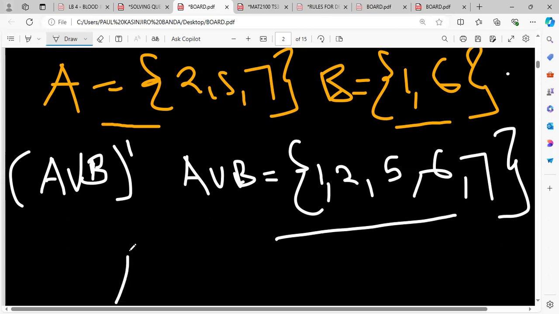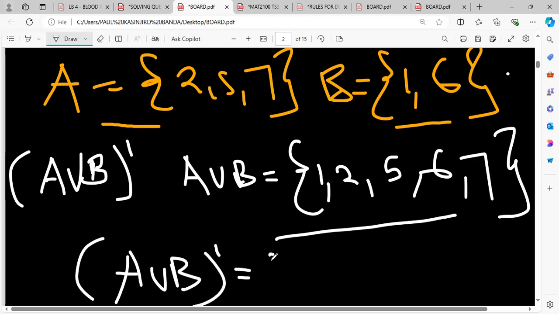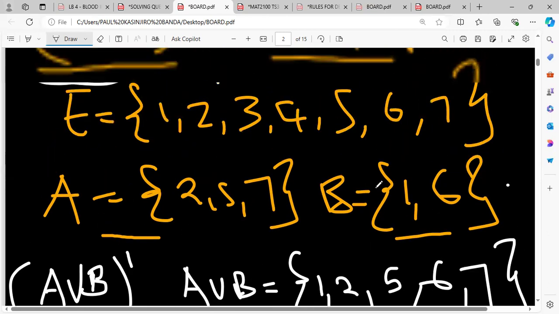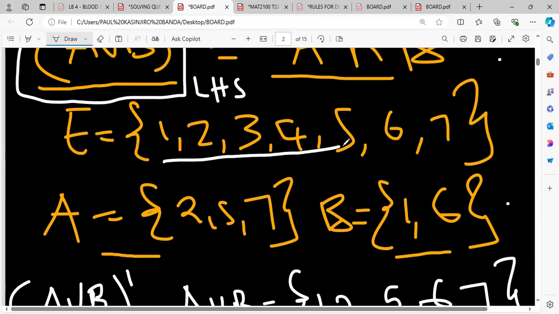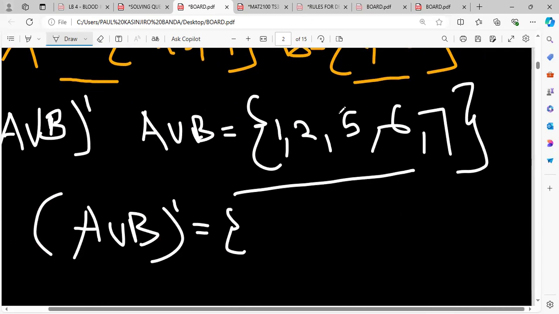So I'm going to say (A union B) complement will be all the members that are not in this set, but they are present in the universal set that we chose. What was our universal set here? Our universal set was 1 to 7. If I look at my A union B, I see 1, 2, 5, 6, 7.